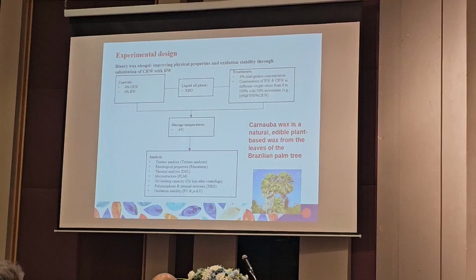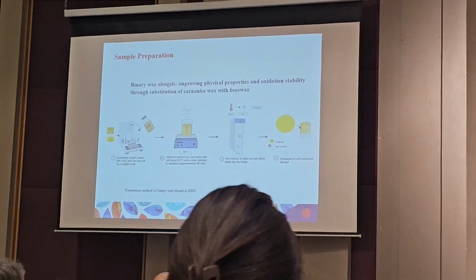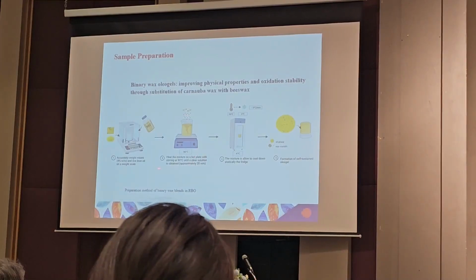And what we've done is simple. We've got 10%, 90% of each of these, and then we've changed that ratio. That's how this oleogel has been made. We've got oil, rice bran oil, in here. We've got a heating stage. The oleogelator is mixed in at a specific temperature.